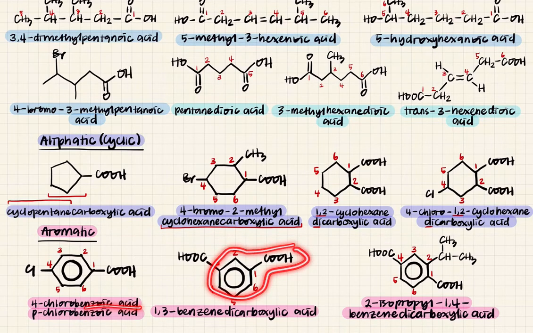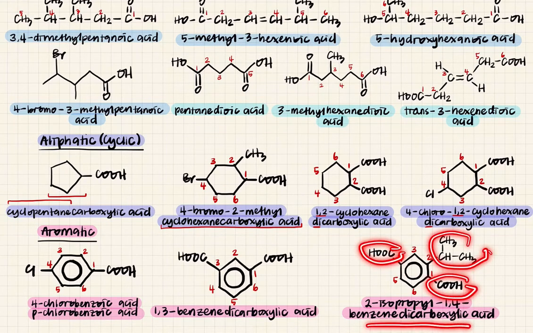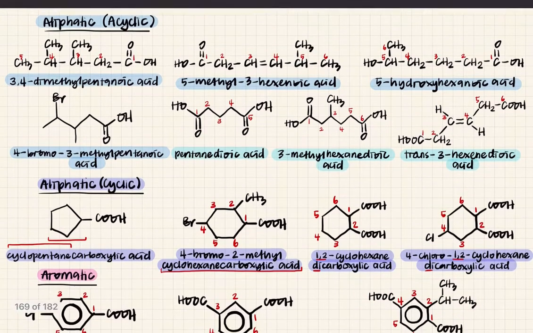When it has 2, the name becomes 1,3. The positions of the carboxyl groups are 1,3 benzene dicarboxylic acid. This is also the same. When you have 2 carboxyl groups and 1 substituent, the name will be like this. Benzene dicarboxylic acid. So that's naming.